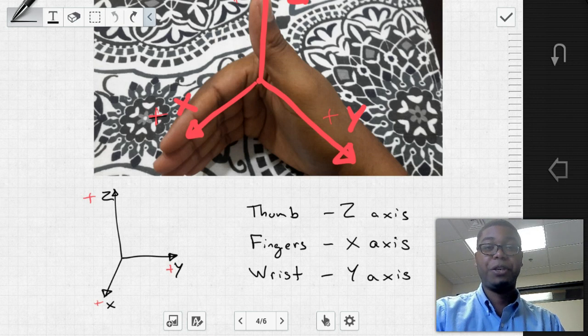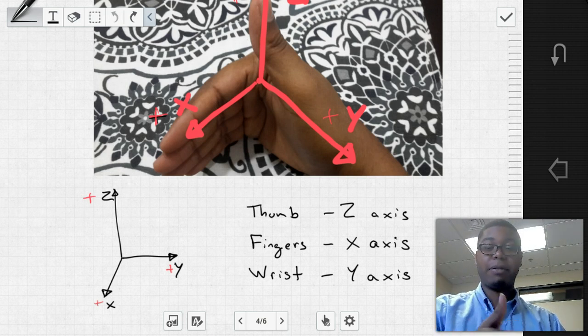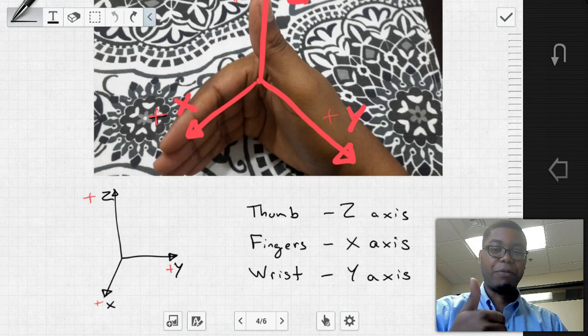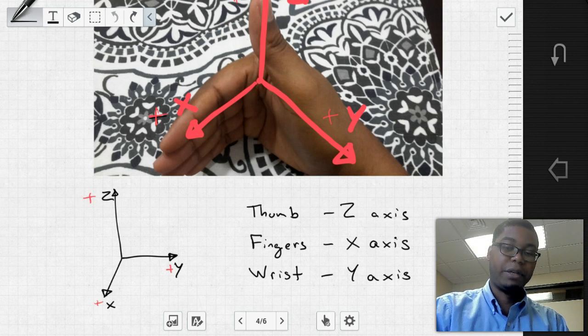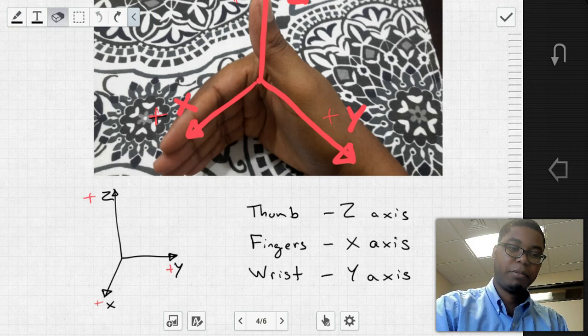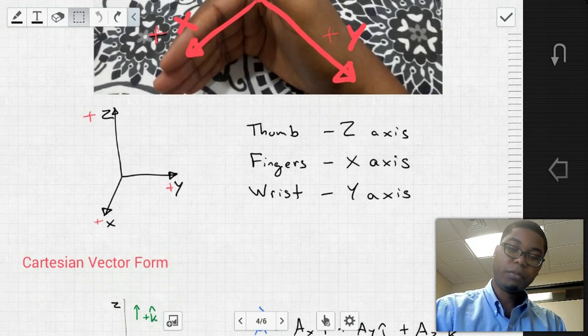It's something that you'll hear in other classes. It's something that every engineer should know. So make sure that you practice a couple of times, setting your hands and memorizing what part of your hand correlates to the different directions in the coordinate system.